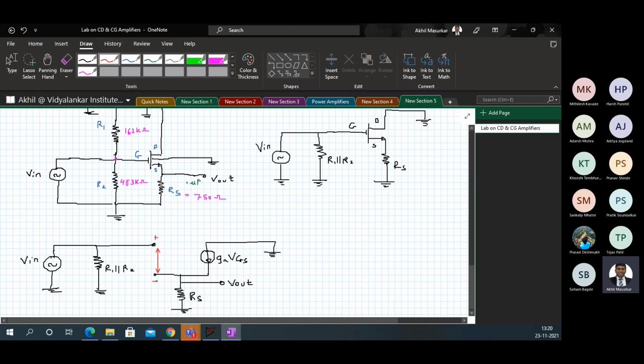This is plus, minus, this is gate, drain, source, and this is VGS.